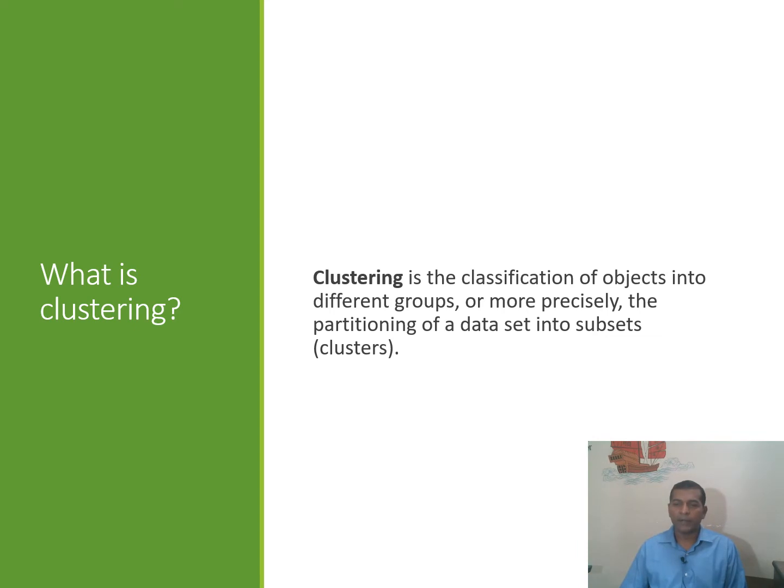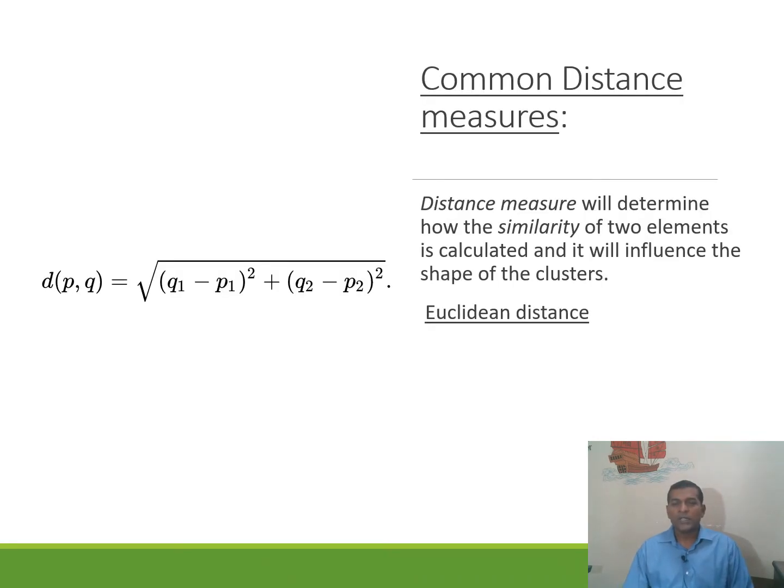These clusters can be defined with different features, and one of the methods that we can use is measuring a Euclidean distance between these objects. Whenever we have multiple objects, we convert these objects into a graph or into a Euclidean space.